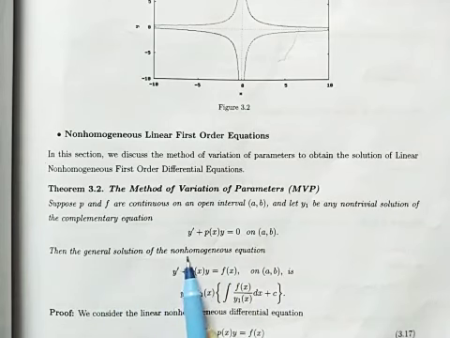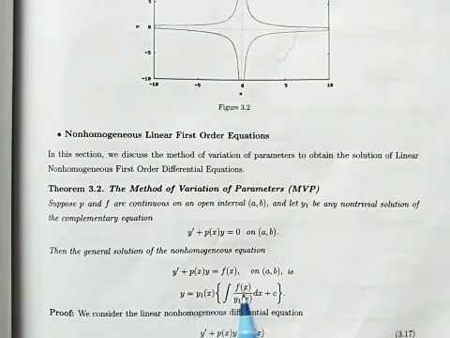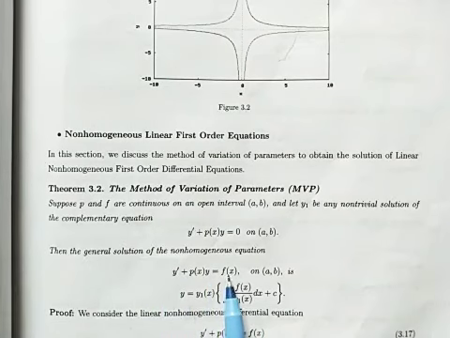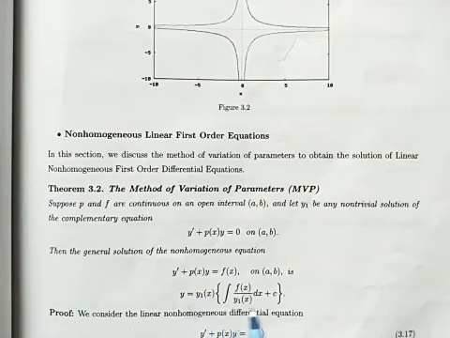Then the general solution of the non-homogeneous equation on (a, b) is y = y1(x) times the integration of f(x)/y1(x) dx plus c. Okay, for this non-homogeneous type of equation, first we find the general solution of its corresponding homogeneous equation. We call that y1, and the formula for the general solution of the non-homogeneous equation is y = y1(x) times the integration of f(x)/y1(x) dx plus c. Okay.